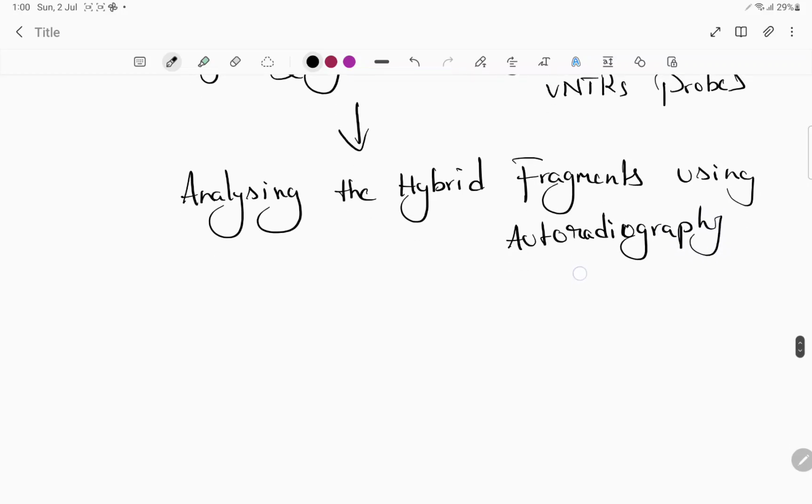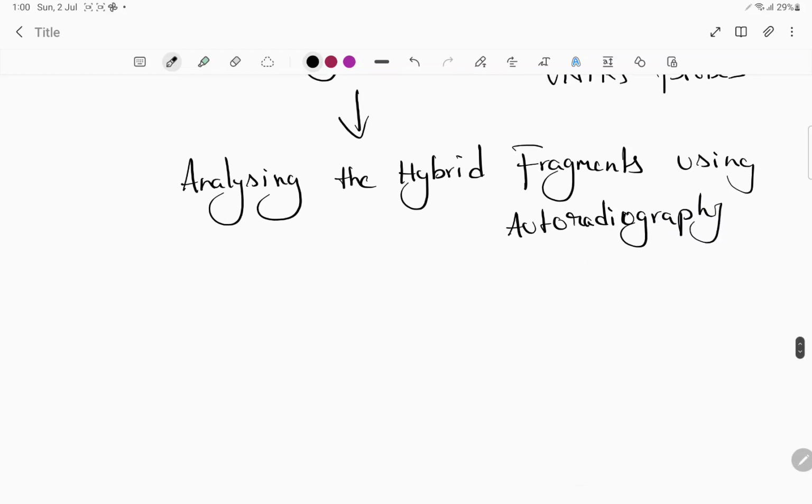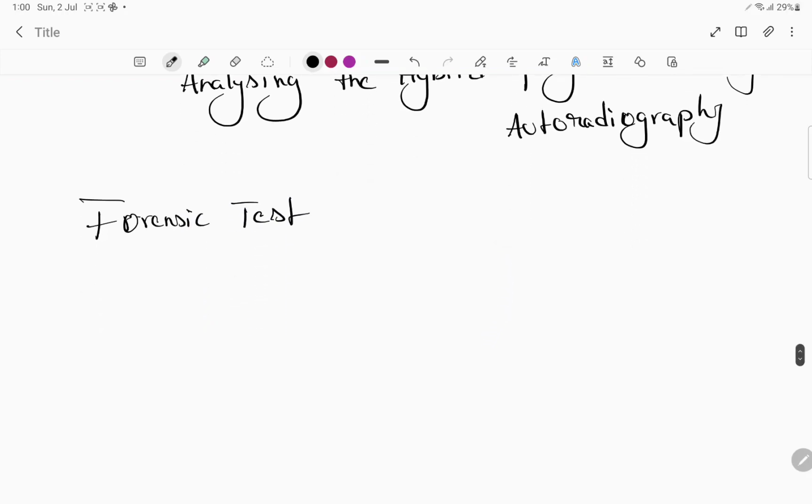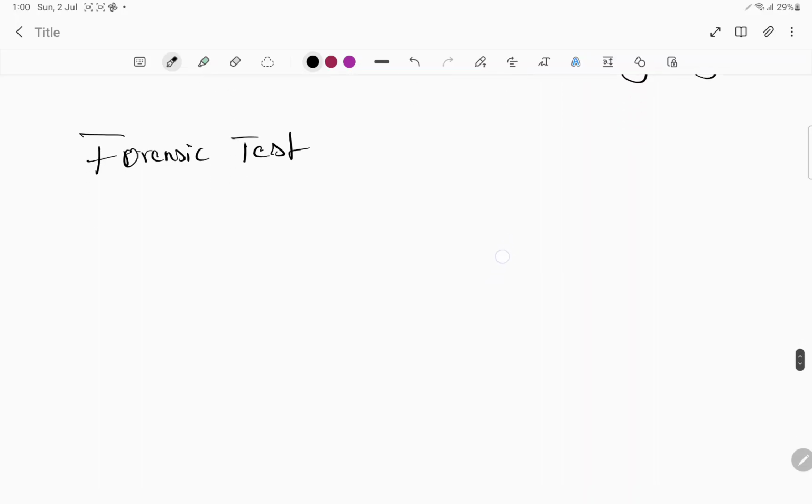Coming to the applications, as discussed earlier, it is used mainly in forensic tests and mainly in paternity disputes. It also gives an idea of gene frequency or genetic drift.